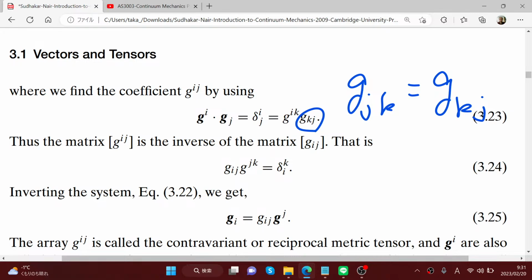I think it's very strange to write Gi dotted Gj equal Gik Gkj, and this is equal to delta i k.